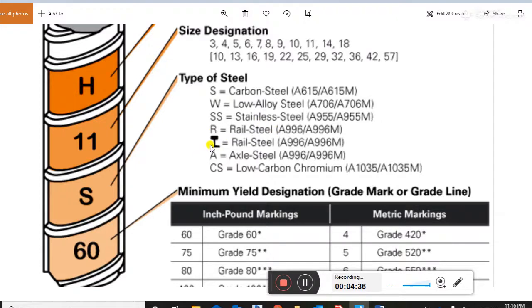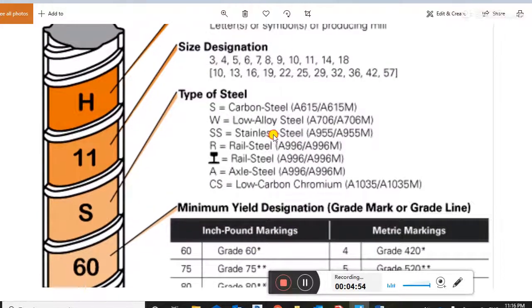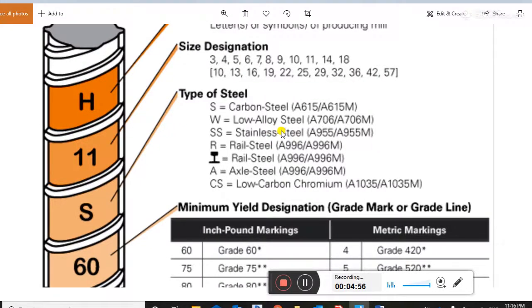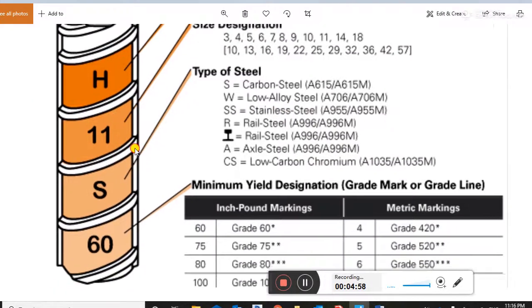This is the symbol for rail steel. And A is axle steel. SC is low carbon chromium. Guys, we have now come across these symbols and these numbers.